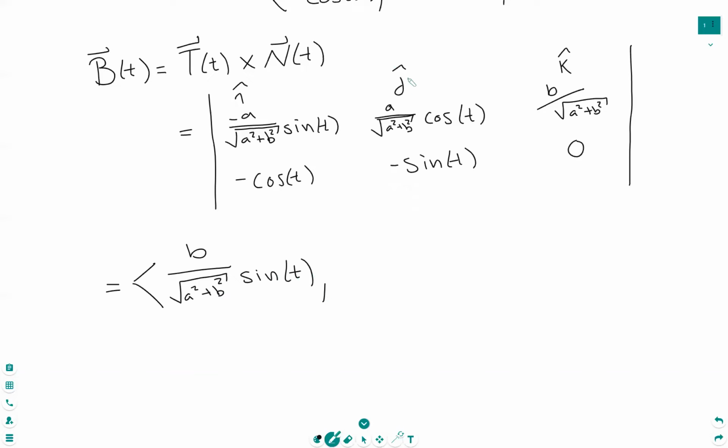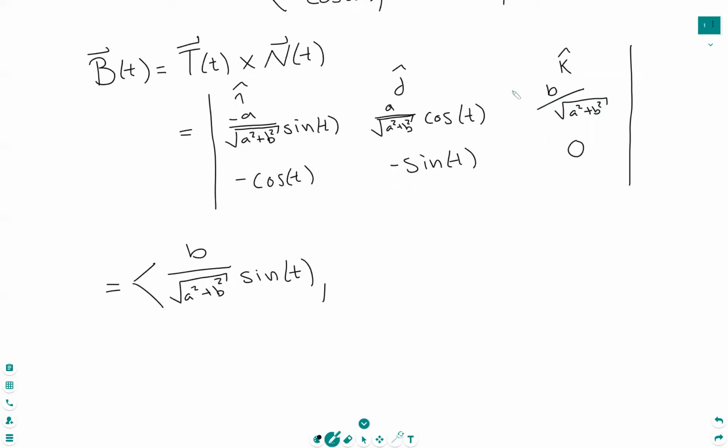Okay, so for j, and remember we have to think about adding an extra negative at the end for j. We're looking at the determinant of this column with this column. So we have 0 again times this upper left corner. Well, that's just going to give us 0. And then we're subtracting this b over the square root of a squared plus b squared times this negative cosine.